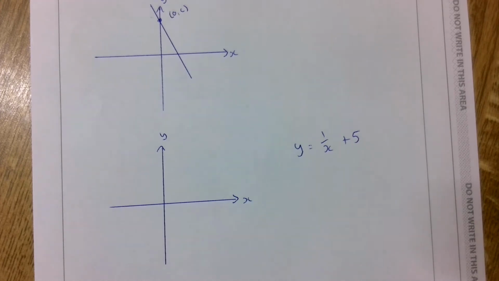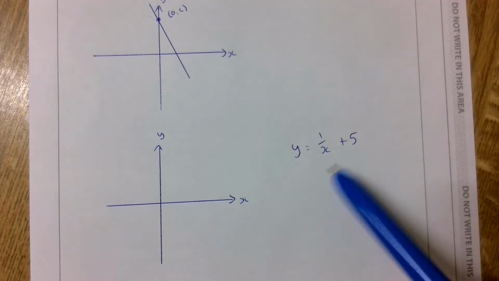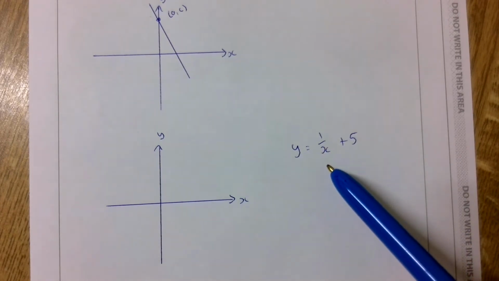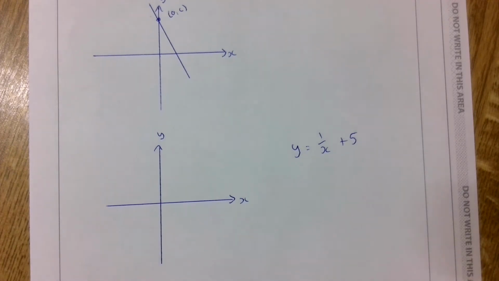It only wants where it cuts the y-axis. So if we were to do that, we'd put in x equals 0, and instantly you can see that we've got a problem. 1 divided by 0 is indeterminate, so it can't be true. So actually there's an asymptote on the y-axis, but it doesn't really matter.